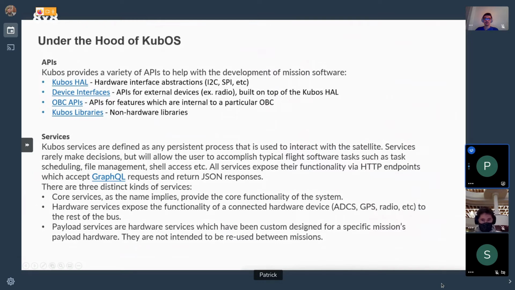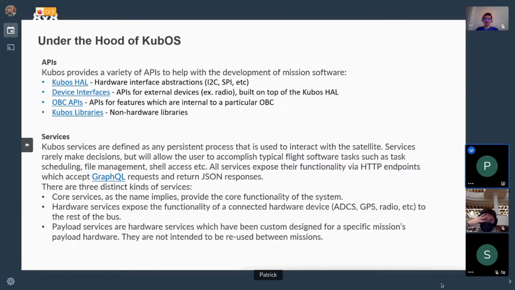There are also APIs for the external devices, available for some commercial off-the-shelf products, and we had to write our own mostly. But our plan is to share everything that we wrote with the KubOS community as well, which is a bit of a different problem, but more on that later.